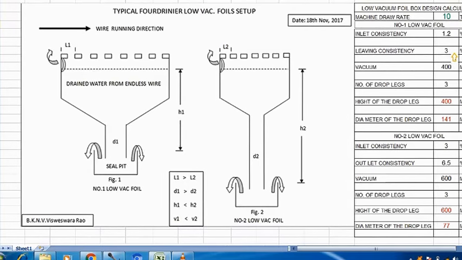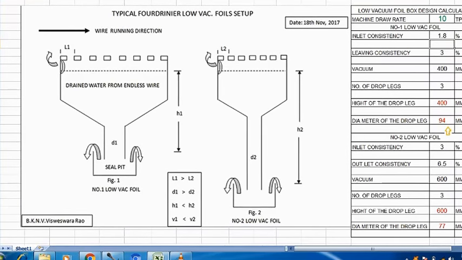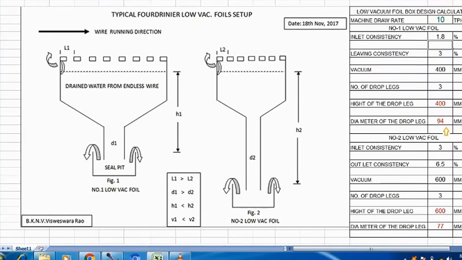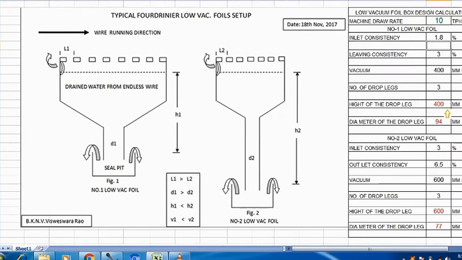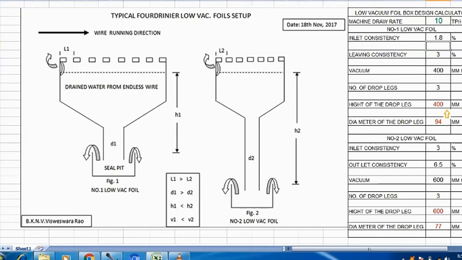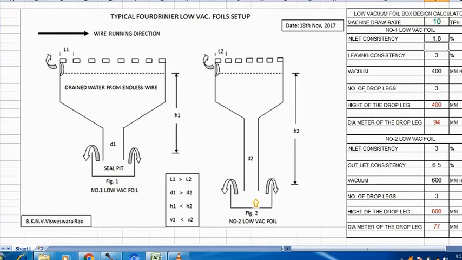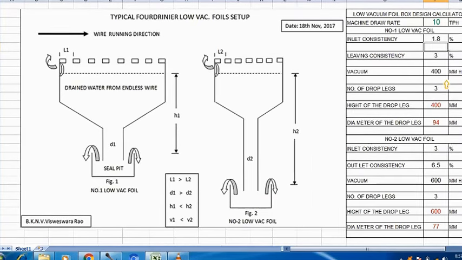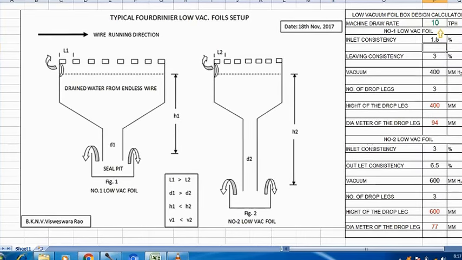And here say for example the inlet consistency is 1.8, then dropleg is 94. Dropleg has been calculated as 94, that is 100, 4 inch. Instead of 5 inch it has become 4 inch to make the head of 400, because this is also water. The water column draining through the dropleg is equal to the water column maintained by the vacuum blower.